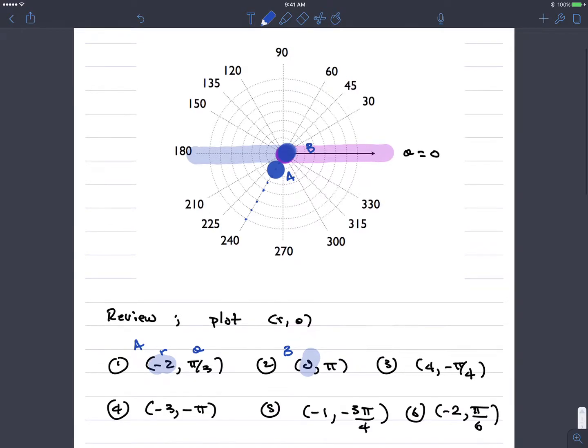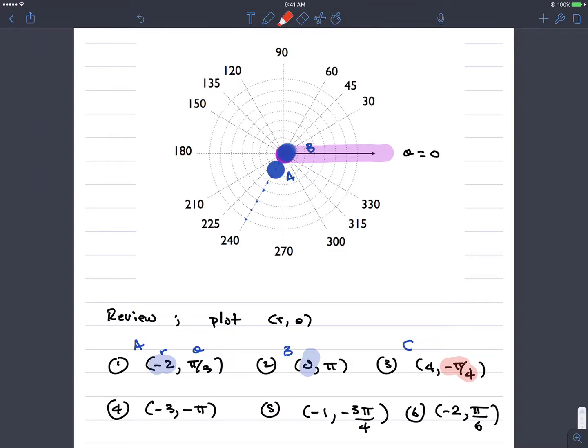Now let's look at C. We'll call this point C. What's the angle here? What's theta in this example? Right? What's your theta? Isn't that -pi/4? I have a negative angle. So what is pi/4? 45. Is that true? So I have to rotate -45.